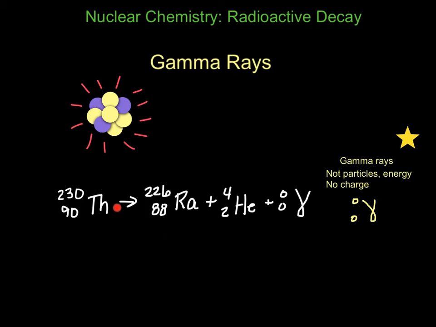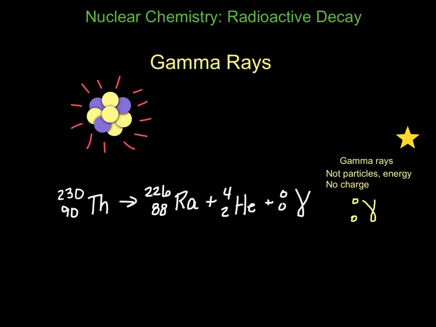I have my thorium decaying into radium and an alpha particle and emitting a gamma ray. So this is actually alpha decay, and this is letting us know that in addition to emitting a subatomic particle, we're also emitting a photon, which we talked about early in the video is always a possibility.